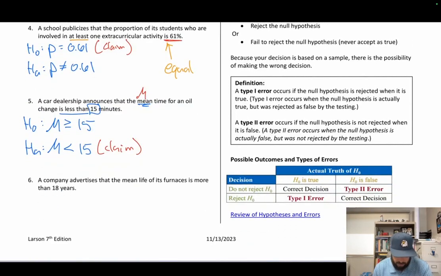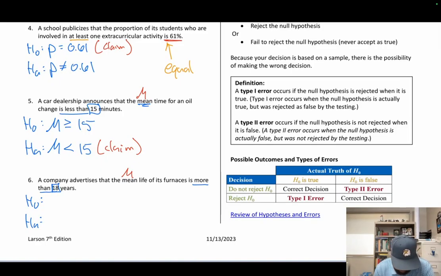All right, let's look at 6 this time. So a company advertised that the mean, there's our mu again, life of its furnaces is more than 18 years. So H0, our null hypothesis, HA for our alternative hypothesis. And this time we're looking at more than 18 years.